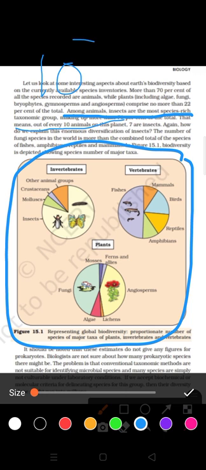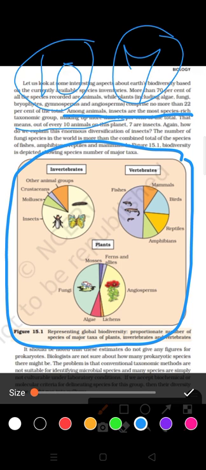Again I am telling you, insects have enormous diversification. That's why they can adapt to any kind of environment, and that's why they are more in number on earth.